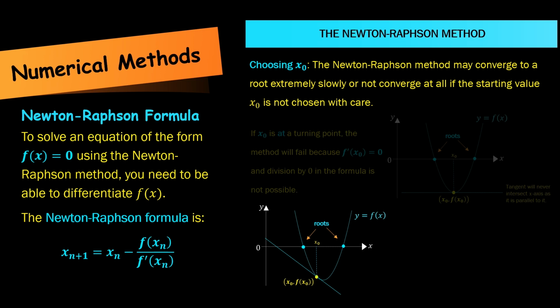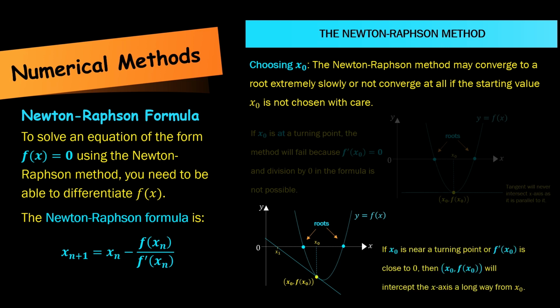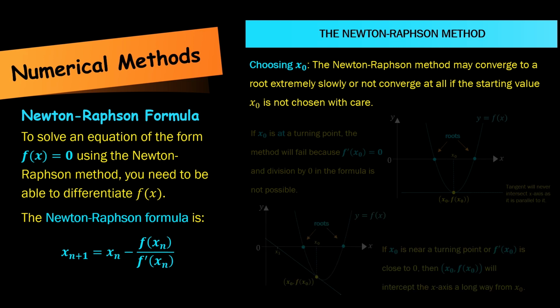When we consider the tangent at this point, then the next point along, x1, is much further away from the root. So if x0 is near a turning point, or f dash of x0 is close to 0, then the tangent at x0, f of x0 will intercept the x-axis a long way from x0.